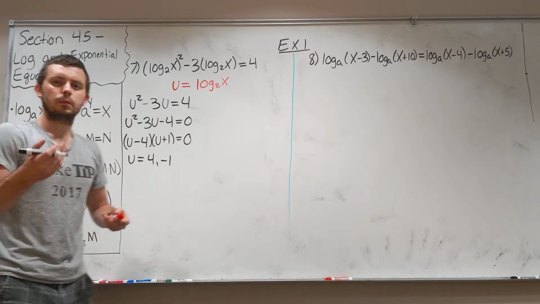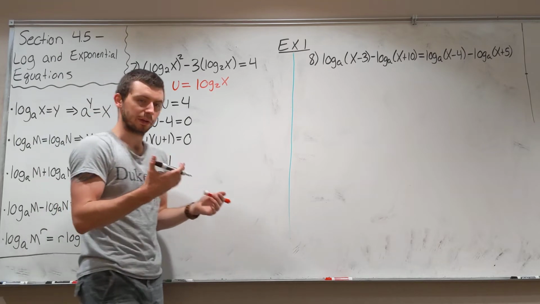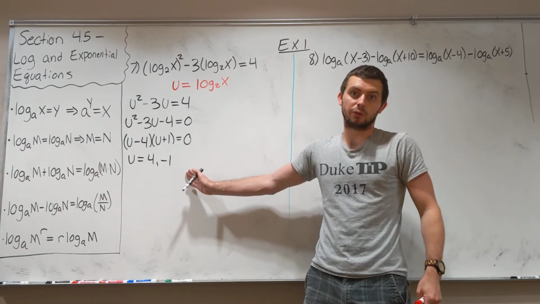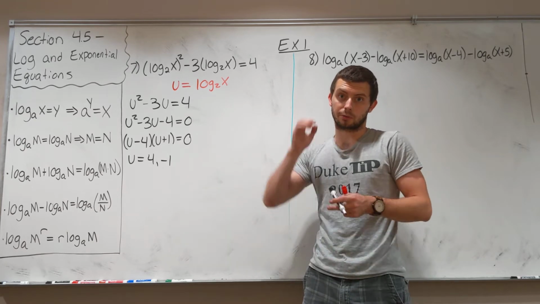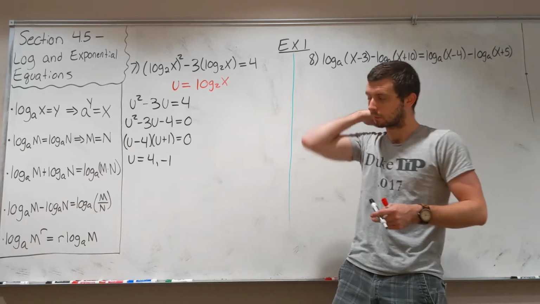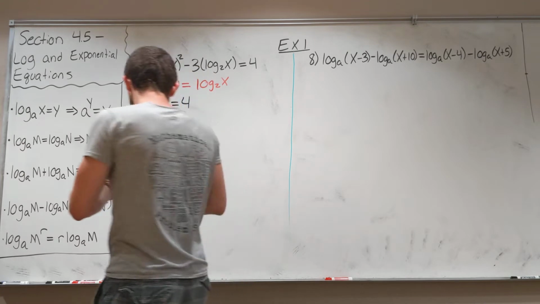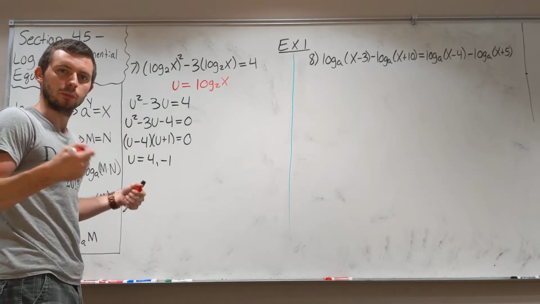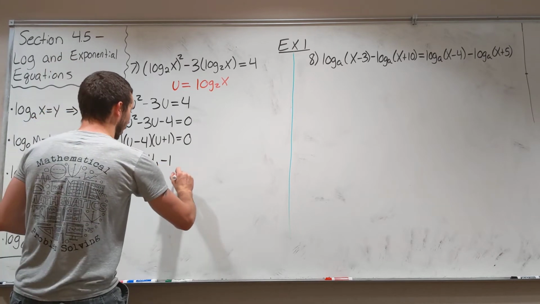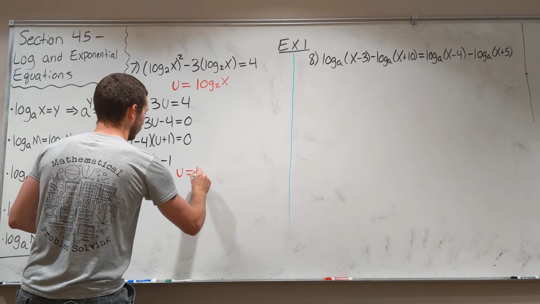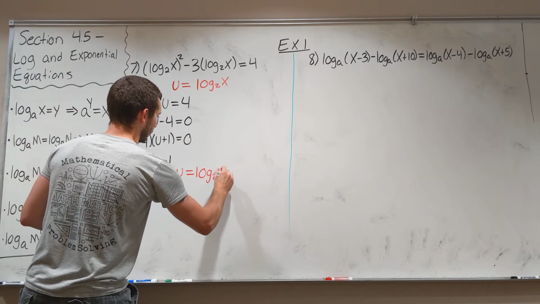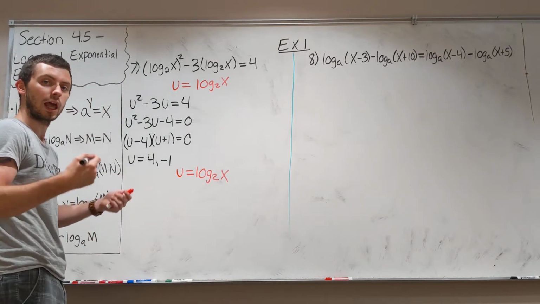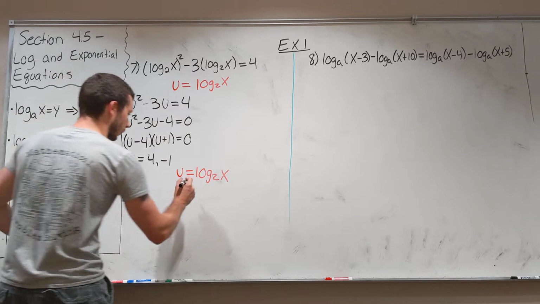But remember, when we did the U substitution-based problems, we don't accept the U values as our final answer. We have to convert them back to X values. And so what I generally did was I would rewrite the rule, and with the rule comes what happens to each U value that we found.